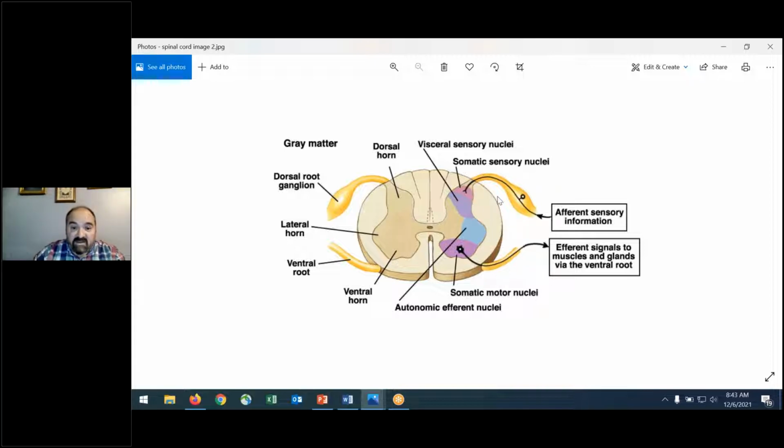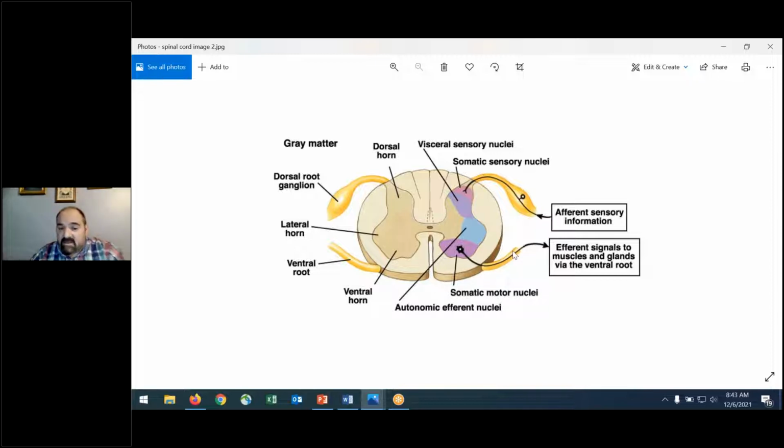And you'll see again here sensory input coming to the central nervous system by the dorsal root, passing through the dorsal ganglion. And here we have ventral output. This would be motor output, efferent signals. You need to remember these terms, afferent and efferent. This motor output from the central nervous system passes via the ventral root.